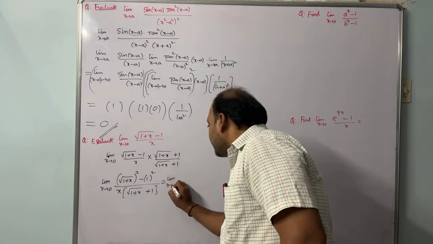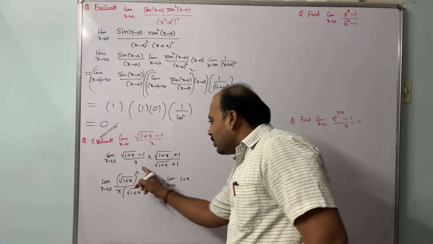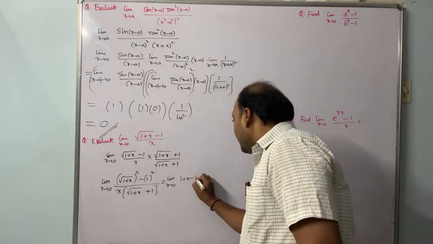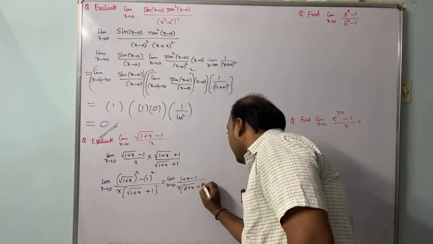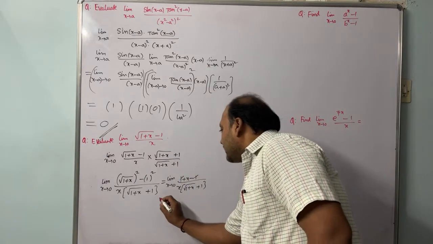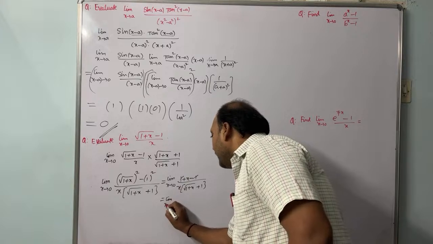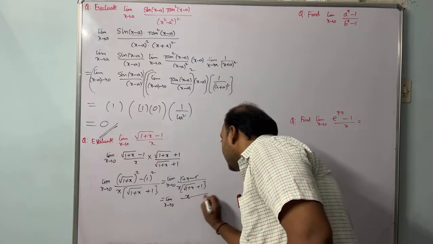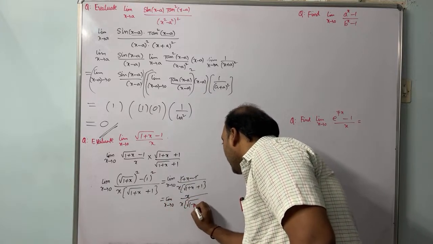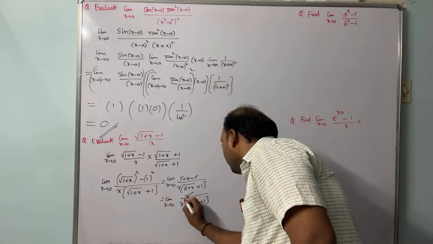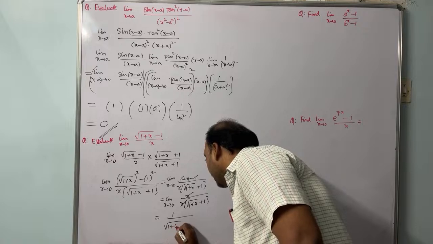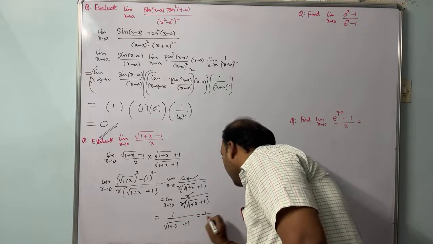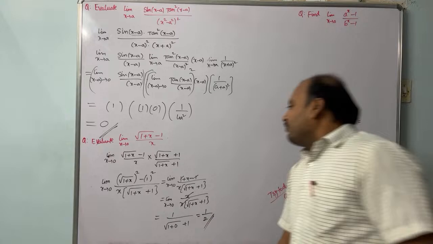Limit x tends to 0, 1 plus x, root and square get cancelled, minus 1 divided by x into (root 1 plus x plus 1). Minus 1 plus 1 get cancelled. In the next step, limit x tends to 0, x by x into (root 1 plus x plus 1). So x is equal to 0, substitute: 1 by root of 1 plus 0 plus 1, which is equal to 1 by 1 plus 1, which is 2.